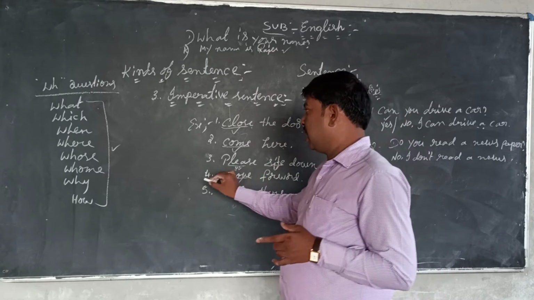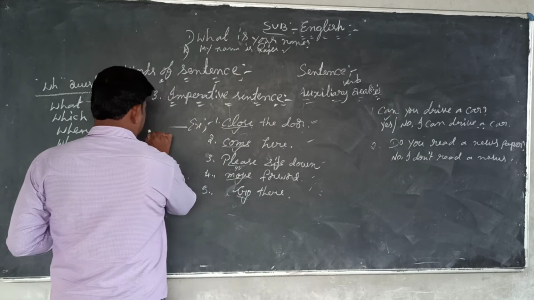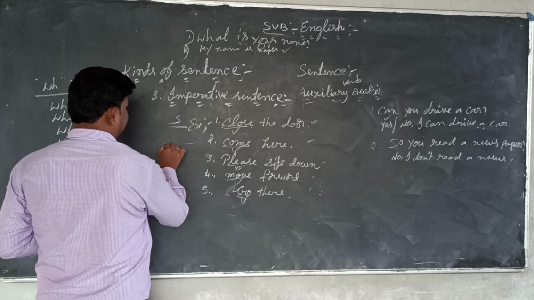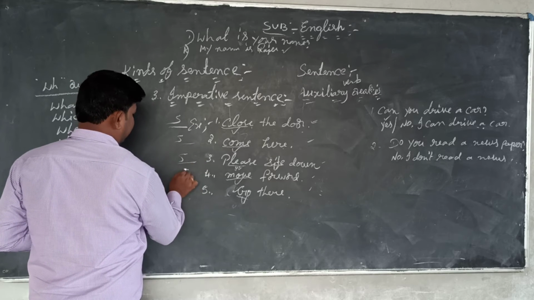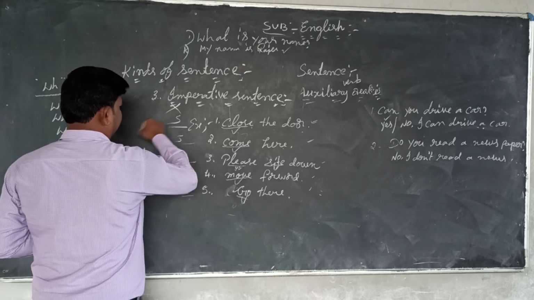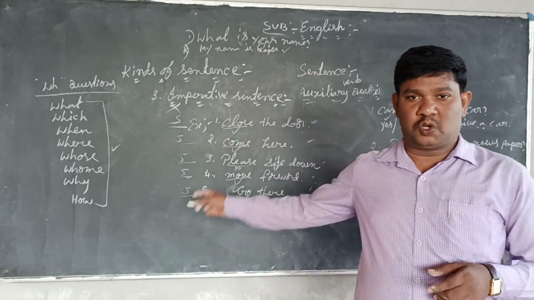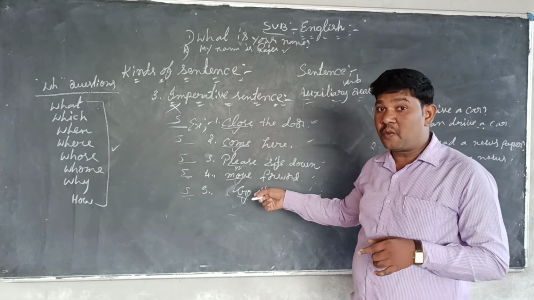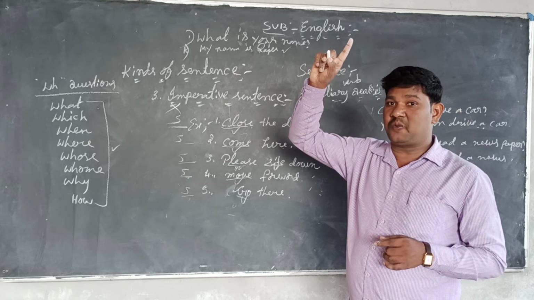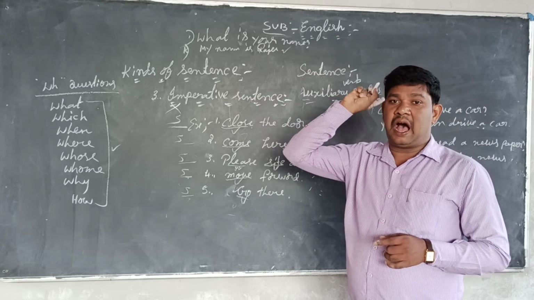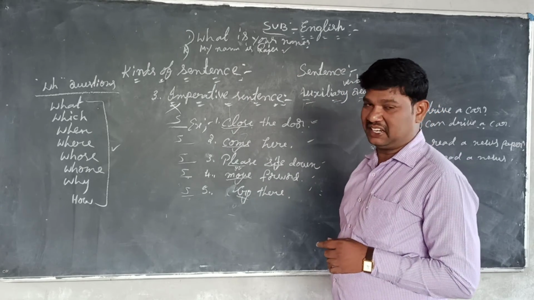And also you observe another thing: it has no subject. If you add a subject to those sentences, then what kind of sentences are they? Remember what I told you once: it is an assertive or declarative sentence.